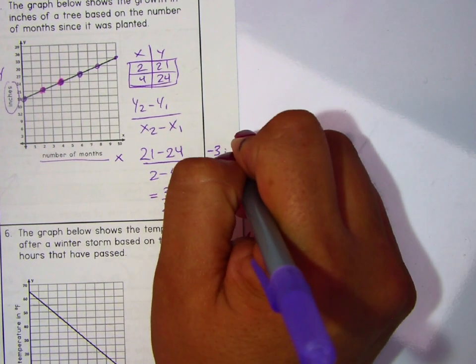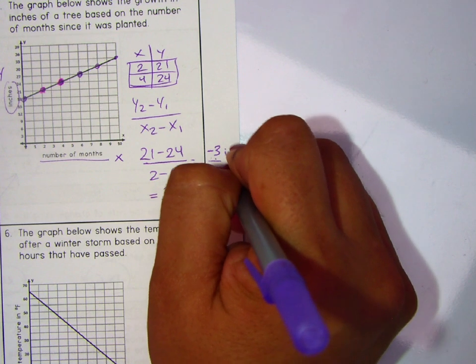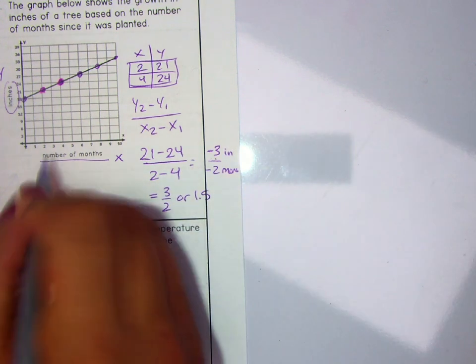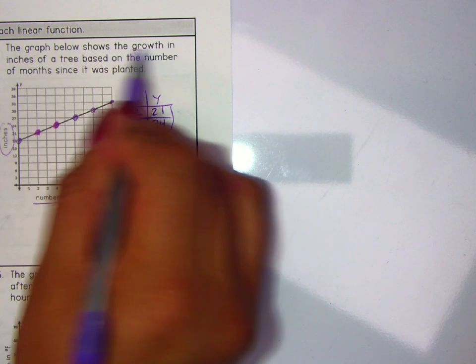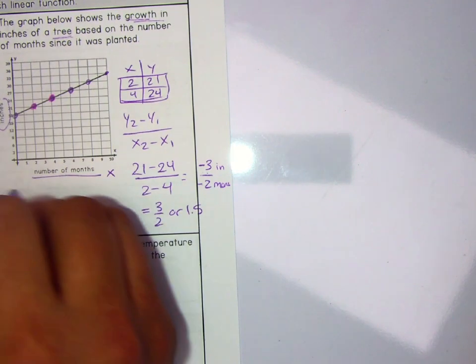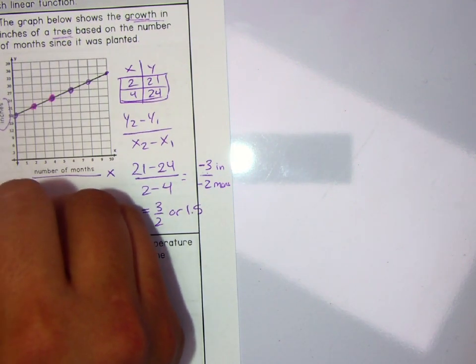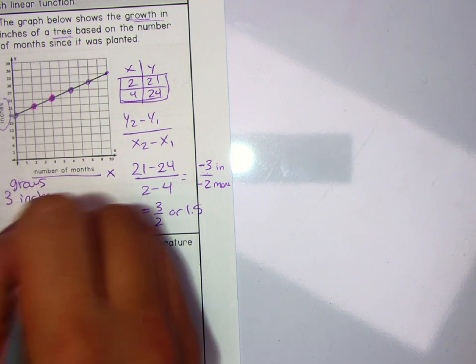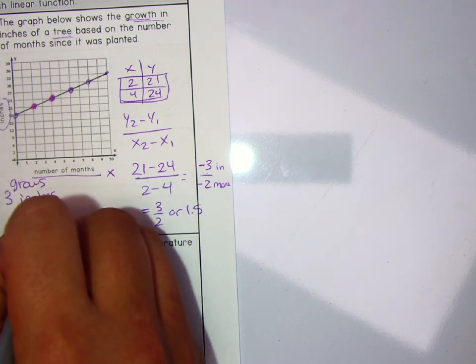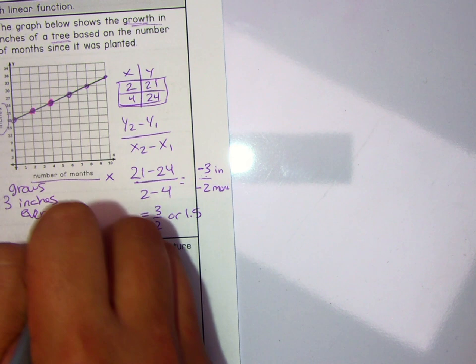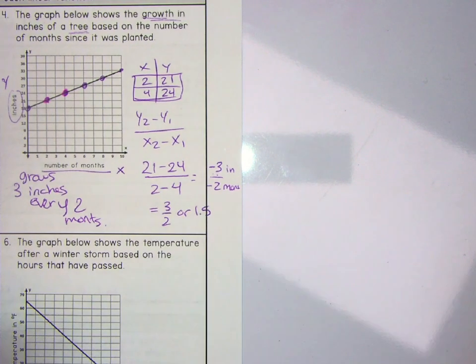So 3 inches in 2 months. We can say that according to this, the tree is growing 3 inches every 2 months. All right, so I hope this example shows you how to do rate of change.